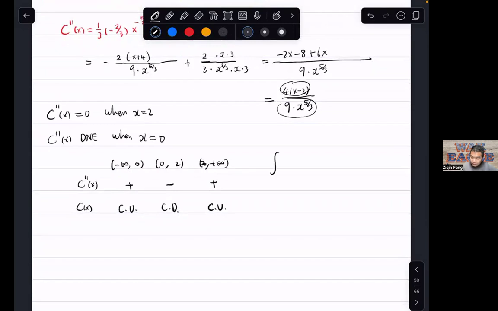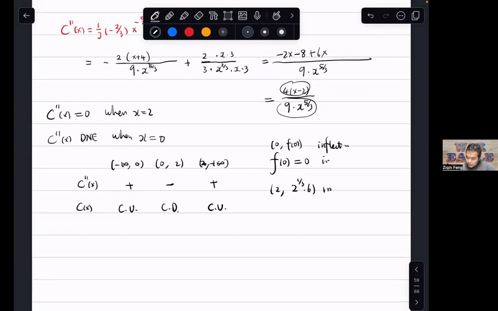So f of 0 equals 0. So 0, f of 0 is an inflection point, because left of 0 it is concave upward and right of 0 it is concave downward, right? So that's the inflection point. And the other one is at 2. f of 2 will be 2 to the 1/3 times 6.